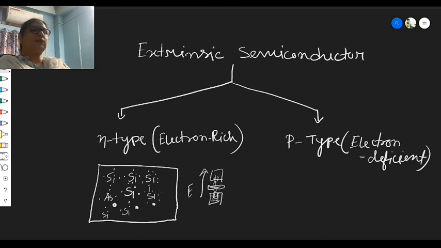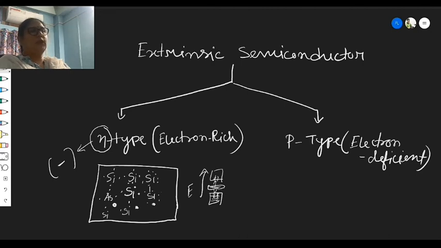As a result, conductivity will increase. So this type of semiconductor, where we have added arsenic, a group 15 element, the number of electrons increases and there is movement of electrons here. Electrons are negatively charged particles, so the number of electrons becomes more, and this type of semiconductor is known as N-type, because the conductivity increases because of the movement of electrons, and electrons are negative.